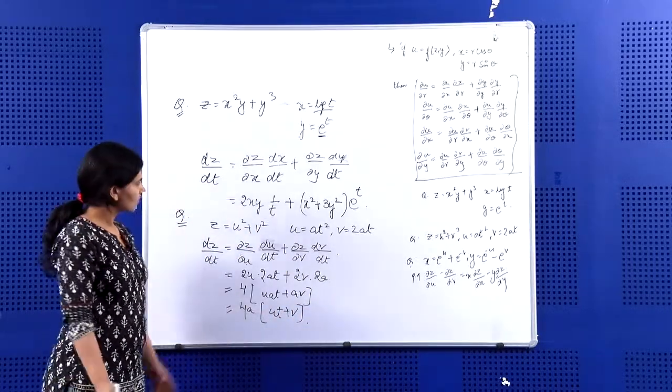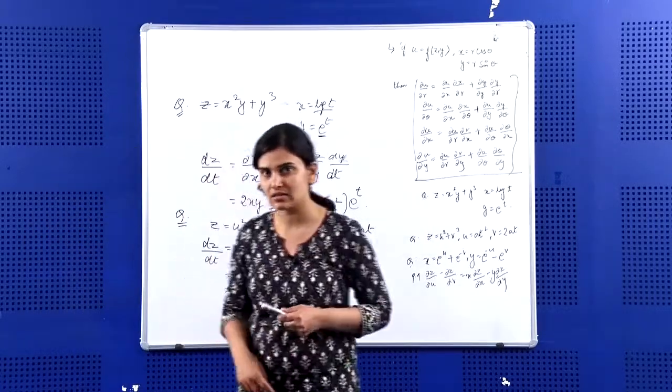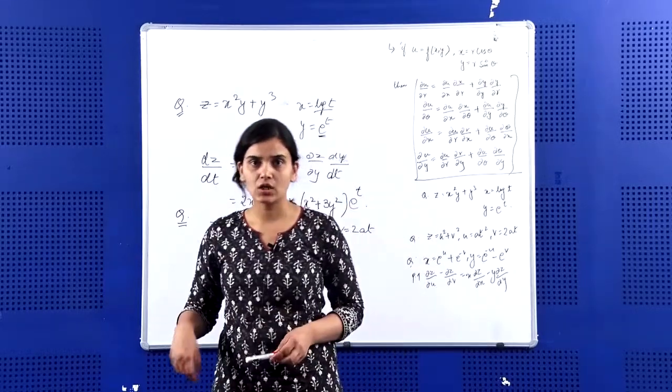So, with this, these are a few examples. We may solve a few more examples in our next class, and then we will switch to the next topic. It is all for today, thank you.